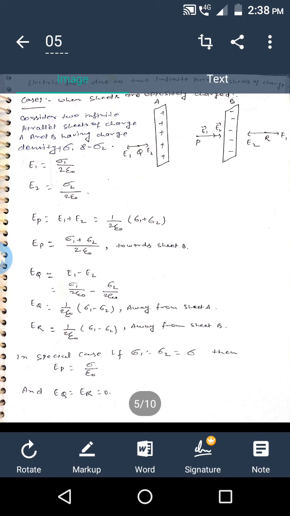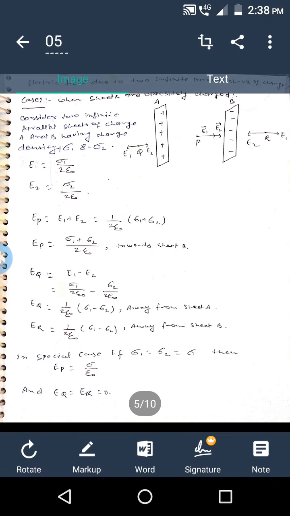Now we have to find the electric field at points P, Q and R. Here E1, the electric field due to the infinite plane charged sheet, is sigma 1 upon 2 epsilon naught. E2 equals sigma 2 upon 2 epsilon naught.